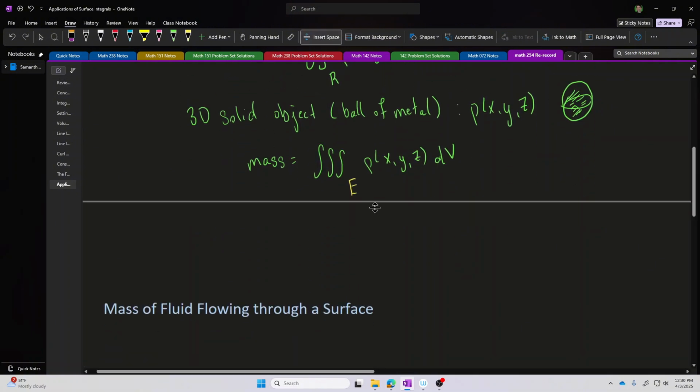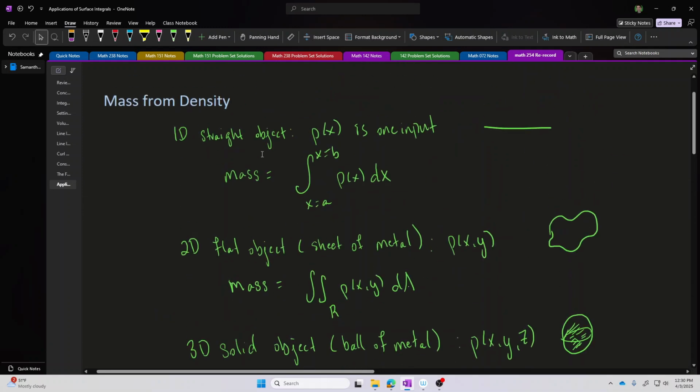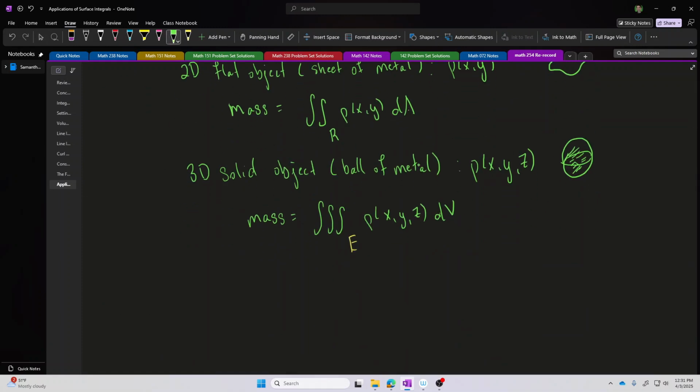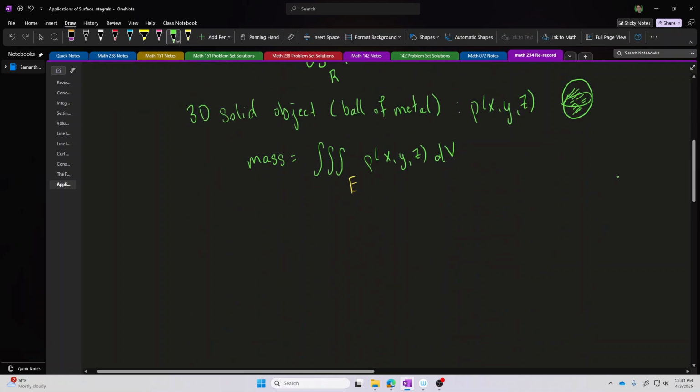Now, what if you had a thin object like a wire or a rope, but it was bent or twisted so that it was no longer straight, so that instead it formed a curve through two or three-dimensional space? A 1D object that's not straight. In this case, the density function would still be a function of two or three variables.